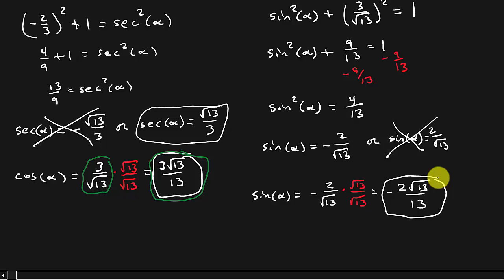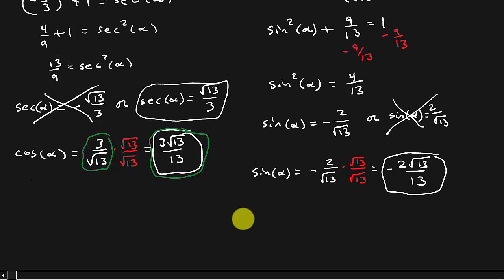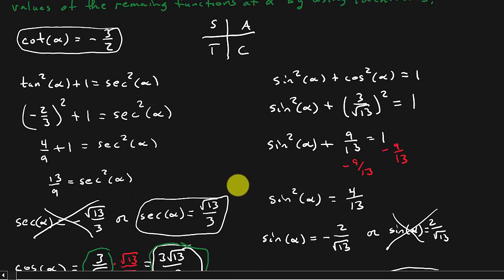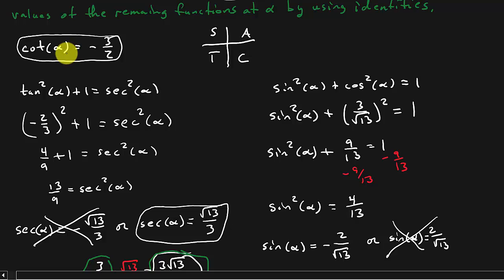All right. Now, I've got all of them. The only one I have left is cosecant. So let's see what we have here. So cosecant alpha, well, there's actually a couple of ways to do it. We're going to do it the easy way, but there are a couple of ways. See how we know cotangent?